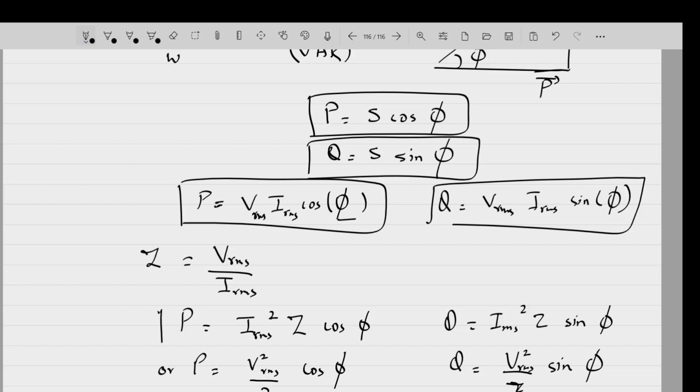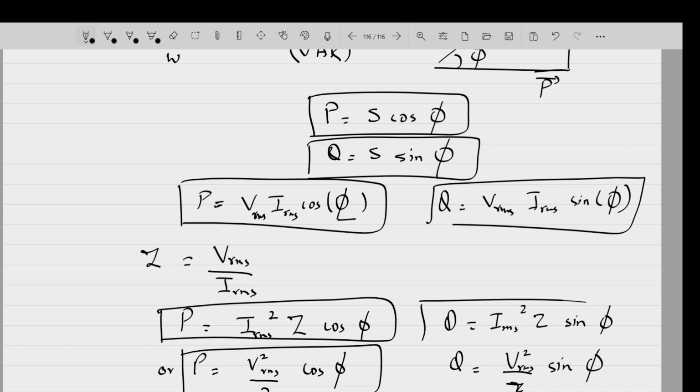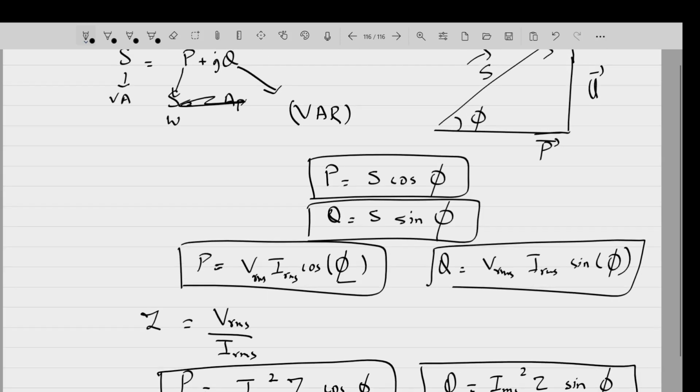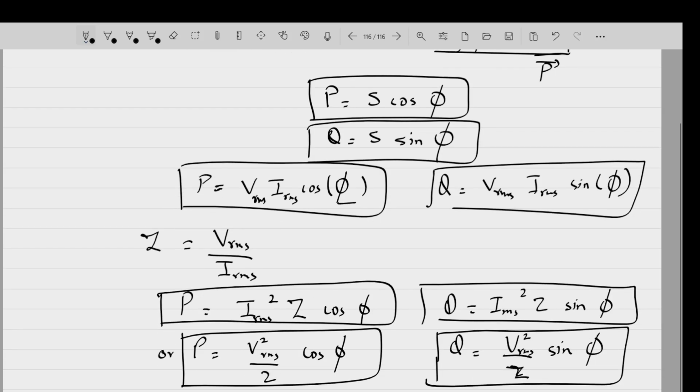So these are different formulas for real power and reactive power in your system, and once you know real power as well as reactive power you can also calculate the apparent power in the system.